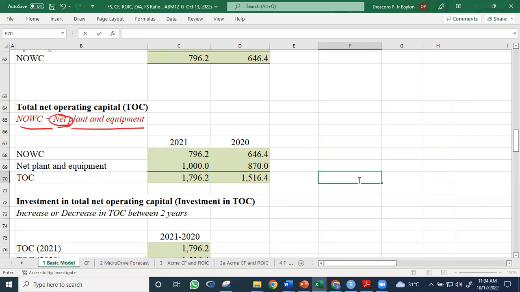So the most current value divided by the previous value minus 1. In this case, the current value is 2021 and the previous value is 2020.